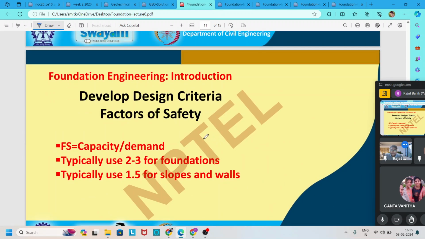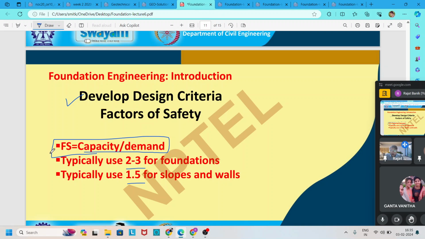Then here are given the design criteria for factor of safety. The factor of safety is the capacity by demand. So that is the definition of the factor of safety. For a typical foundation, the factor of safety is between 2 and 3, and for slopes and walls, the factor of safety is 1.5.